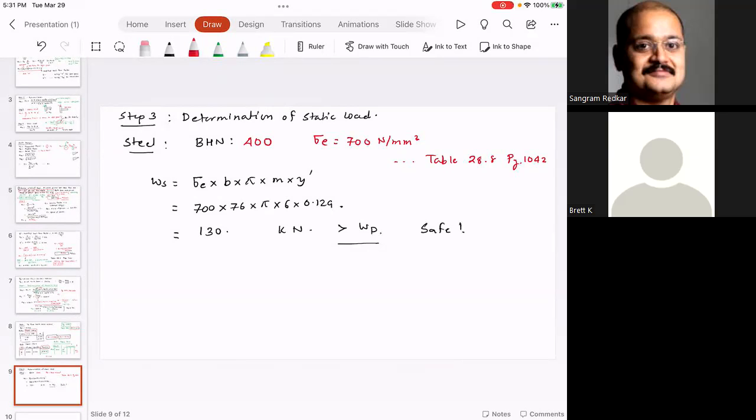Now, caution. Just out of curiosity, why did we get 130 kilonewton? We got 130 kilonewton because I tried to be smart and I looked at the maximum value of BHN, which is 400.